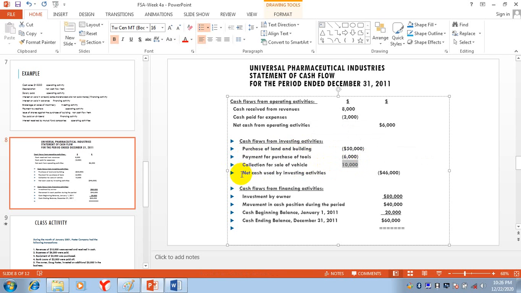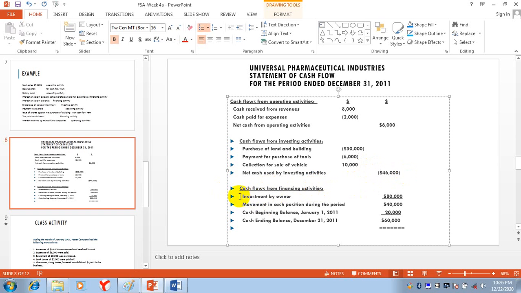So net cash used by investing activities: 50 plus 6 is 56 minus, since cash is going out, and plus 10,000, so it is minus 46,000.